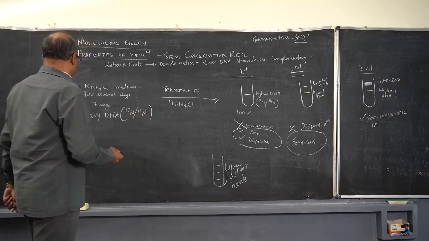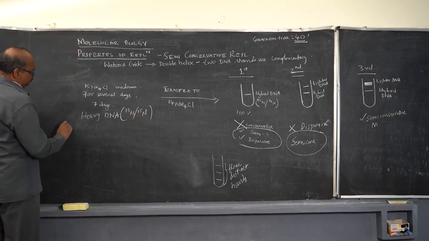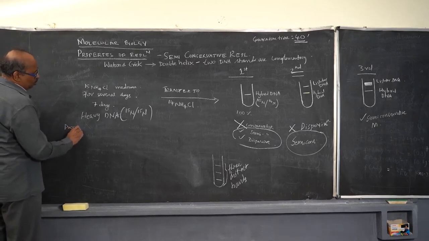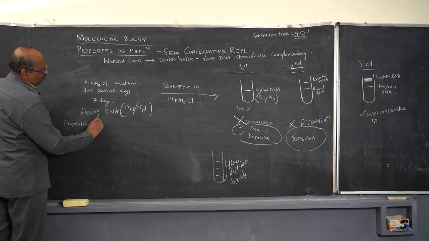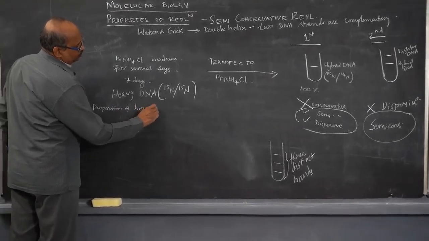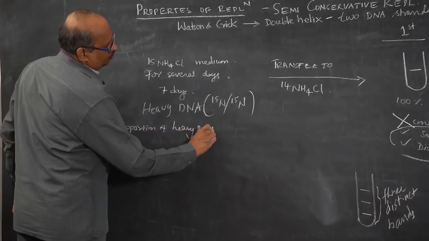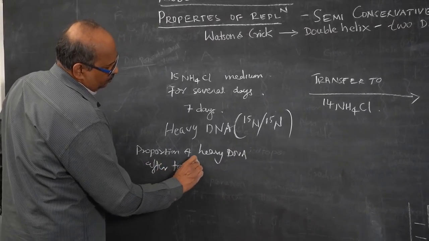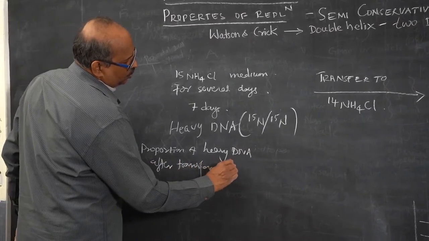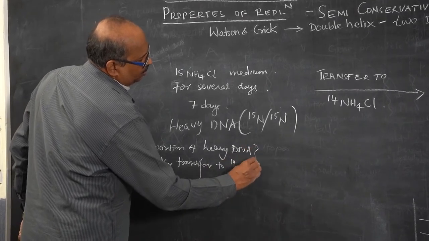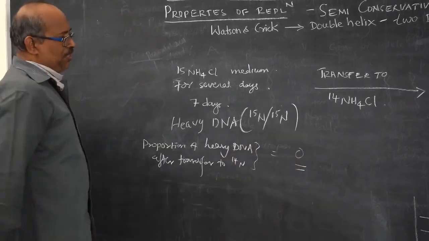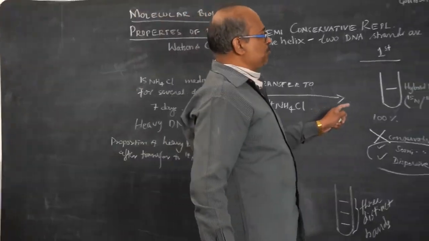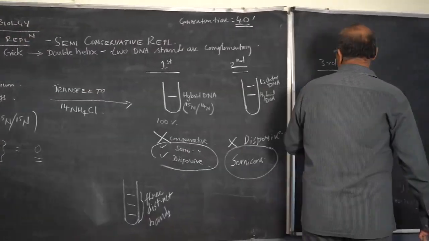If you want to find out the proportions: the proportion of heavy DNA after transfer to N14 will be 0, because nowhere in our experiments do we get heavy DNA.